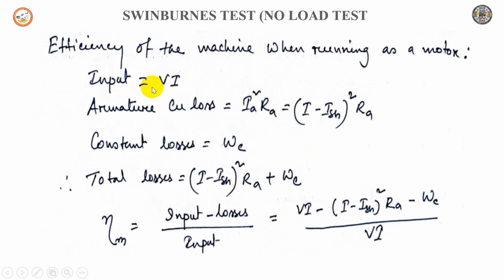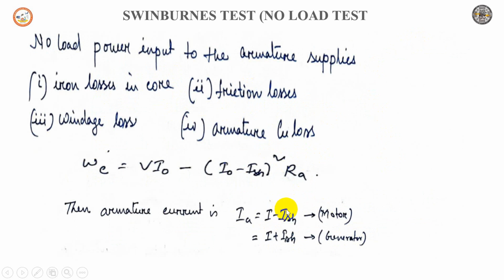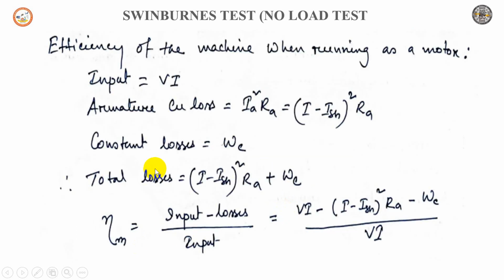Now the efficiency of a machine when running as a motor. As I said, the input is given as V into I. When the load is given, the armature copper loss will be Ia squared Ra, where Ia for a motor is I minus ISH, as I discussed in the previous slide. Therefore, the constant losses, WC, are calculated by the test, and the total losses will be the armature copper loss plus the constant losses.